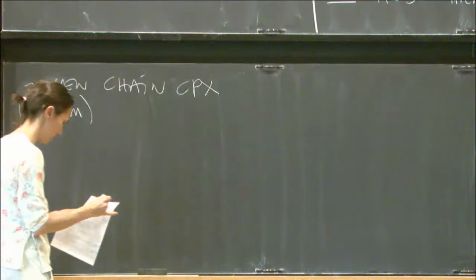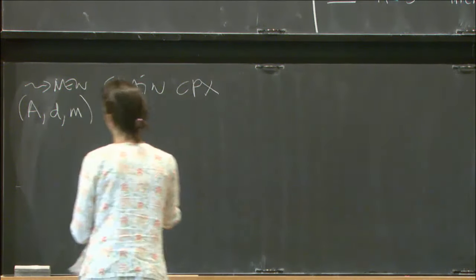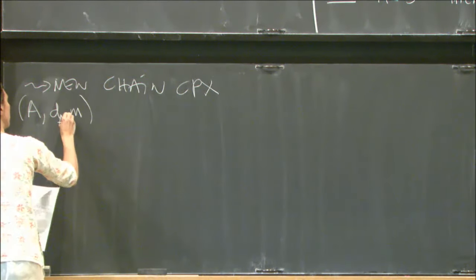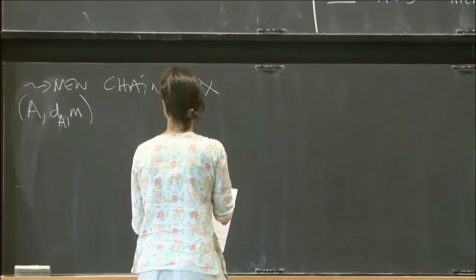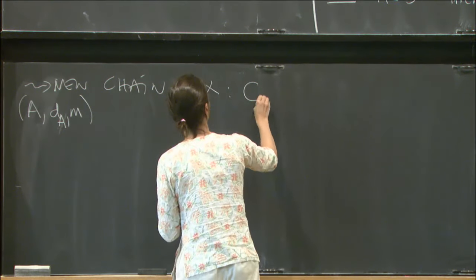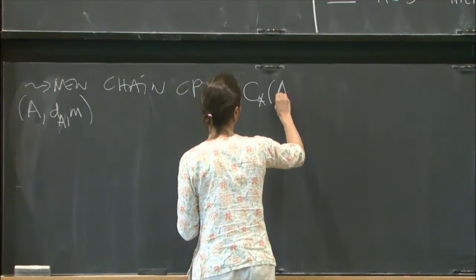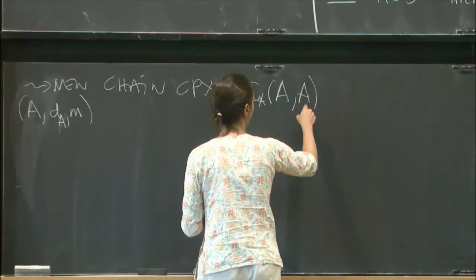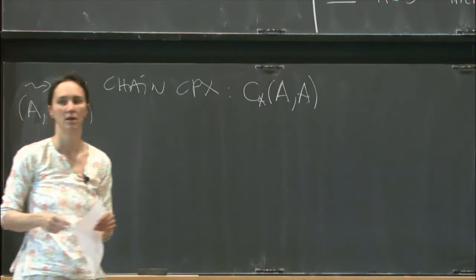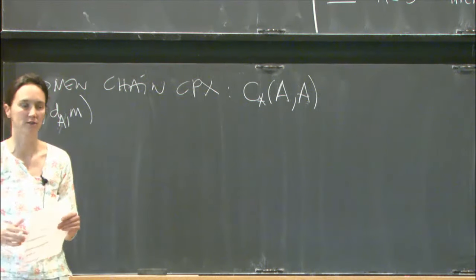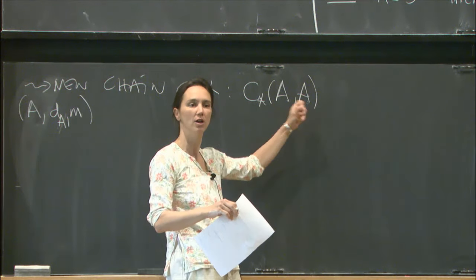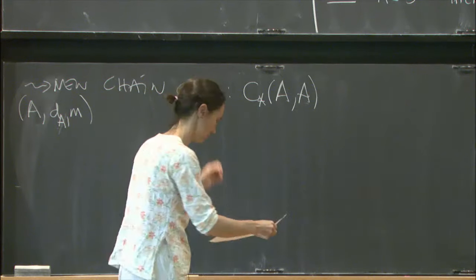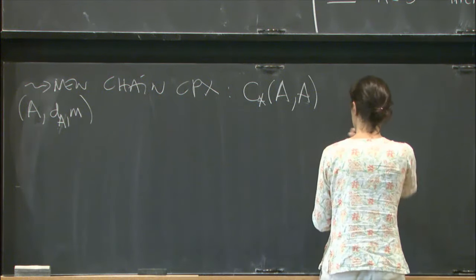We have an algebra, a differential, let me call it dA, the differential of A, and a multiplication. Define a new chain complex. I'm going to keep the usual notation, so I'm going to write it as the Hochschild complex with coefficients in A. You could put something else here if you want, but this is the same as what everybody else writes.